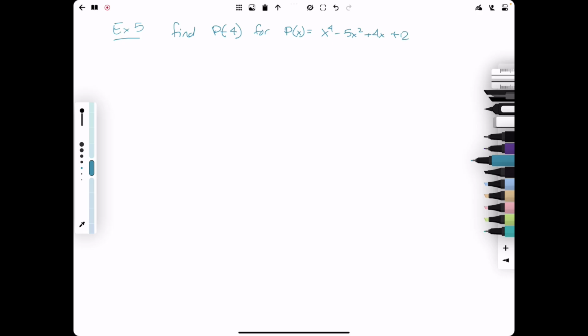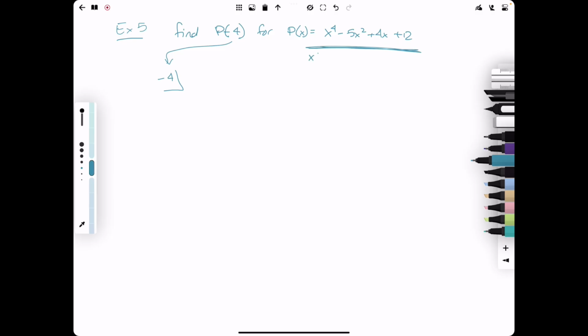So I'm going to use P of the negative 4 here, and it's already in descending order. Do I have all of the degrees there? No. What am I missing? x to the third. So if it helps you, write it out, x to the 4th plus 0x to the 3rd, because it's not there, minus 5x squared plus 4x plus 12.